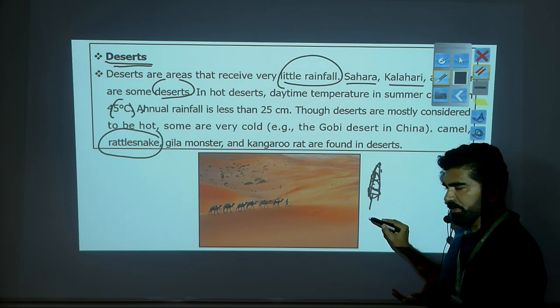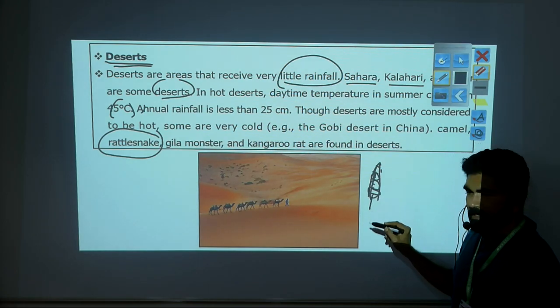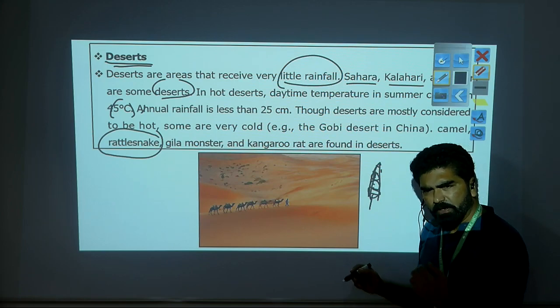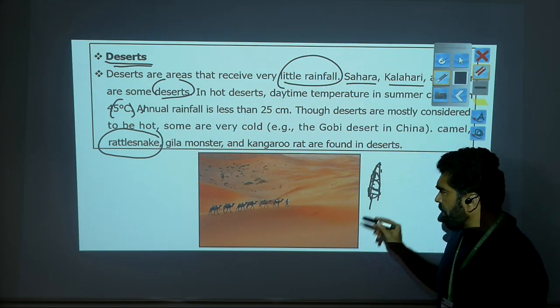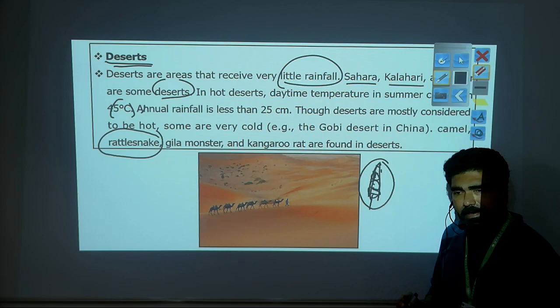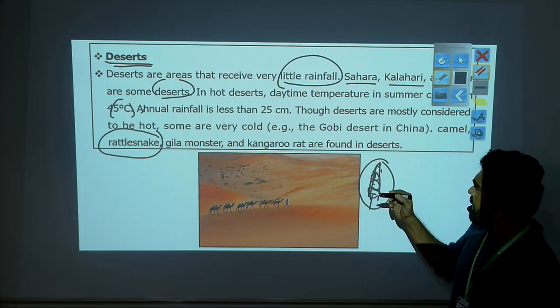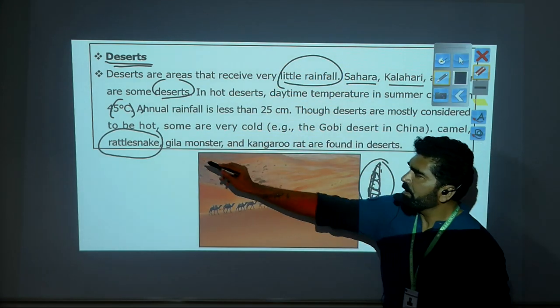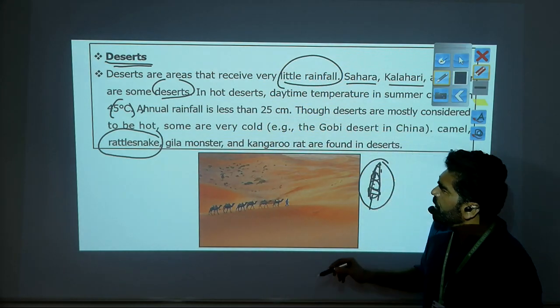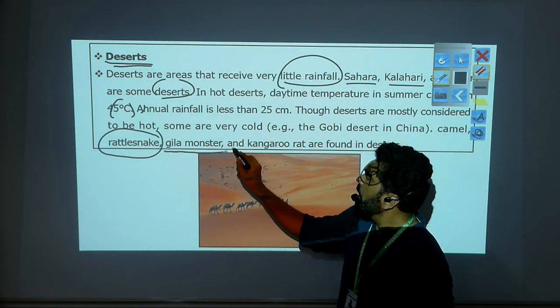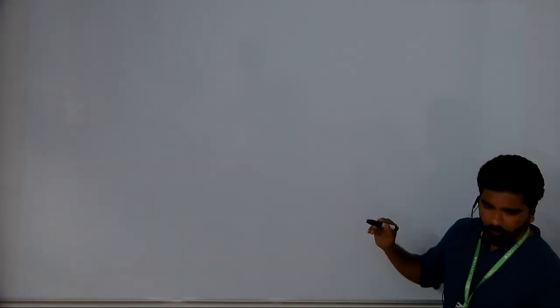When this organism is threatened by another organism, it starts rattling this tail. So it indicates that this rattlesnake is very poisonous. Then next are the Gila monster, kangaroo, etc.